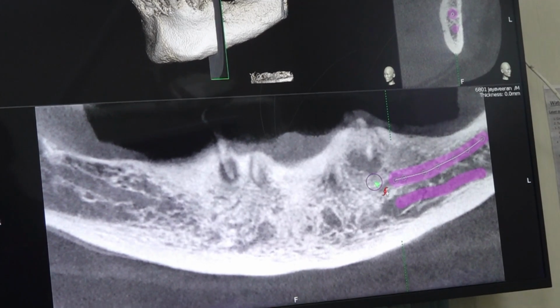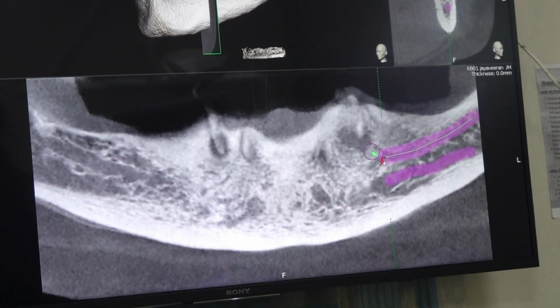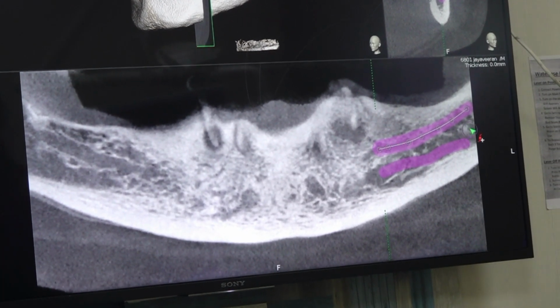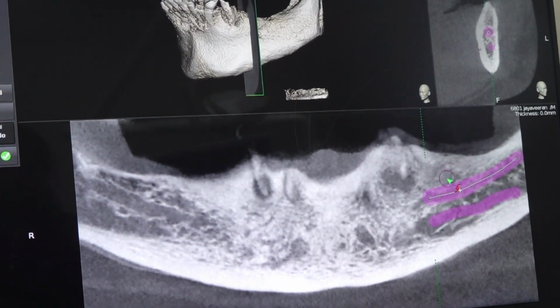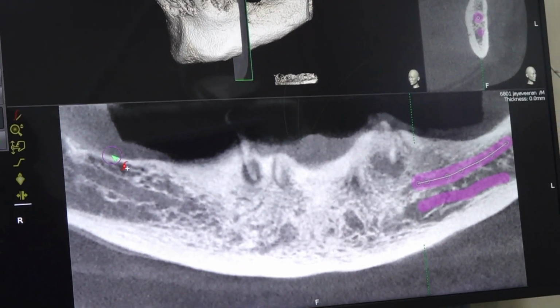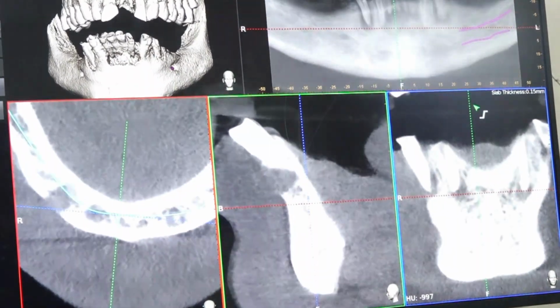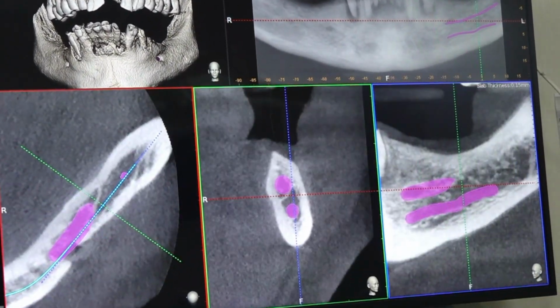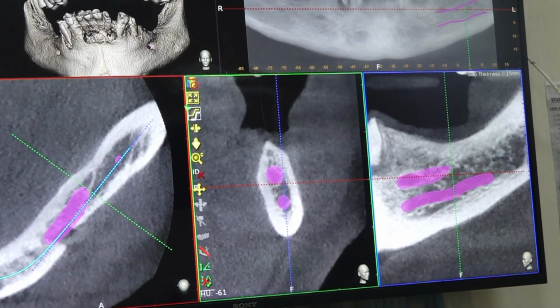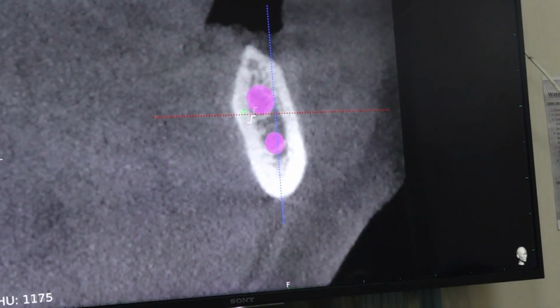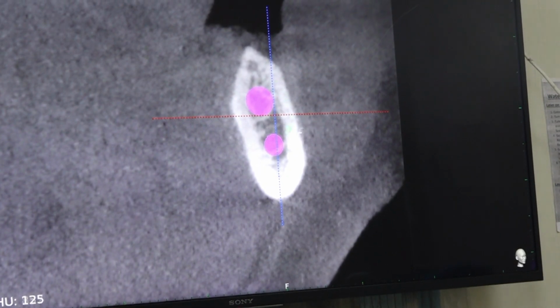which comes out as the mental foramen, we have to take it as real, but the amount of bone remaining above the upper canal is very less. Okay, you will see the molar area, distal one. So now you got a 2 canal.